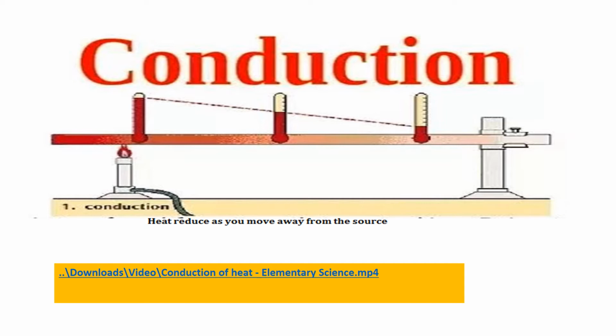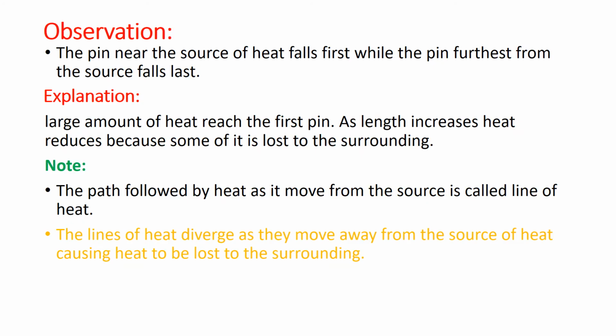This shows that as heat moves away from the source, it keeps on reducing. It is observed that the pin near the source of heat falls first, while the pin farthest from the source falls last. Explanation: the large amount of heat reaches the first pin. As length increases, heat reduces because some of it is lost to the surrounding.